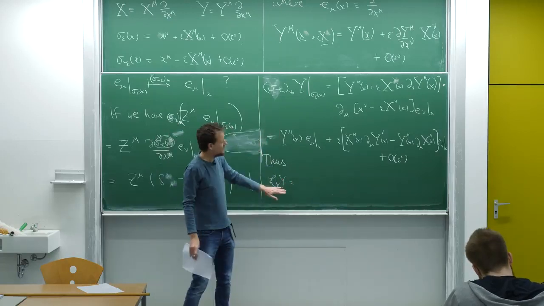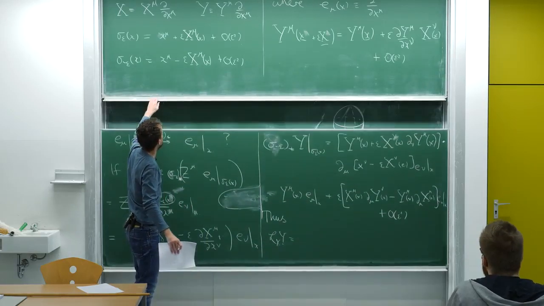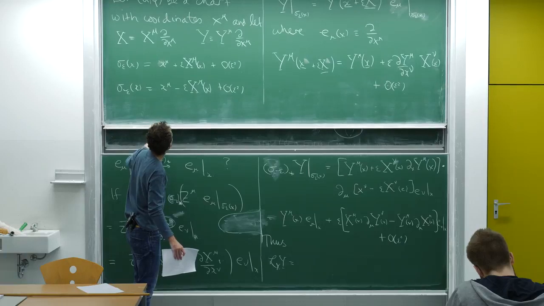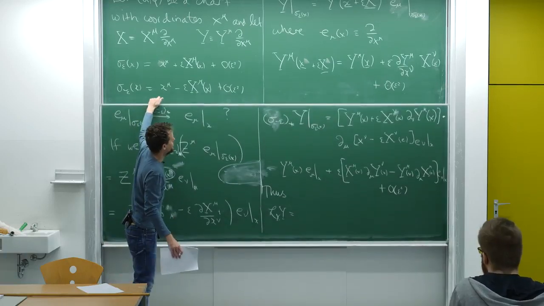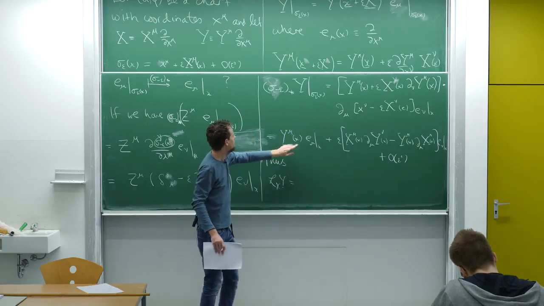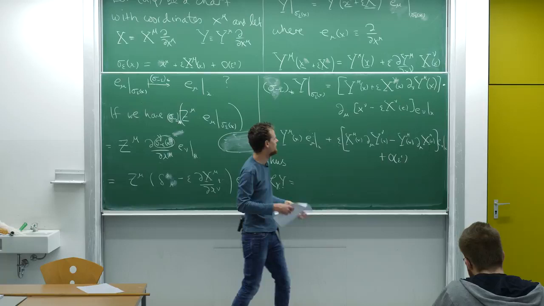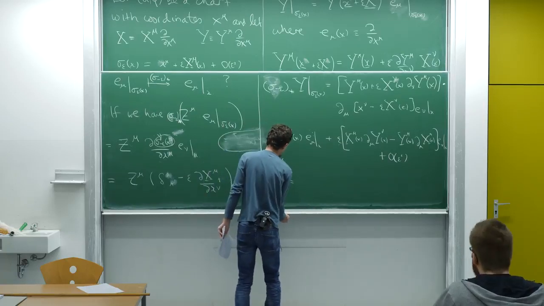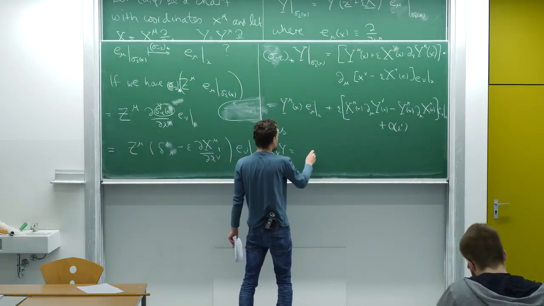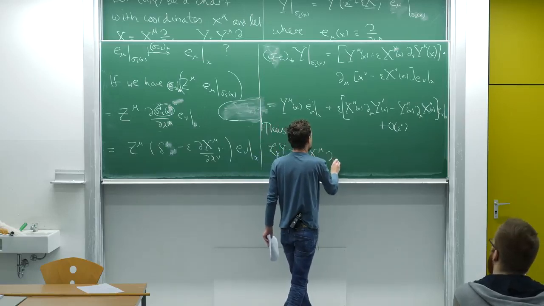So when we subtract off in the definition of the Lie derivative, we still have it here. No, I erased it. When we subtract off the value of the vector field at x, this just cancels this order 1 term. And when we divide by epsilon, that gets rid of the epsilon here. So we have that the Lie derivative of y with respect to x is this expression here.